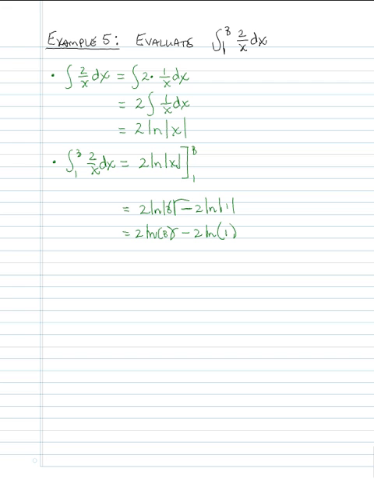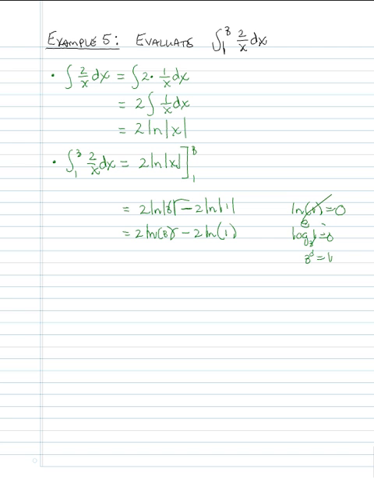Now, I hope that you would remember that the logarithm, whether it's natural logarithm or not, the logarithm of 1 is always 0. See, the logarithm of 1 base, say, 3 is 0, because remember that 0 is an exponent on the base. And if we put a 0 exponent on any base, we get a 1 result. And of course here we understand that the base is actually e.